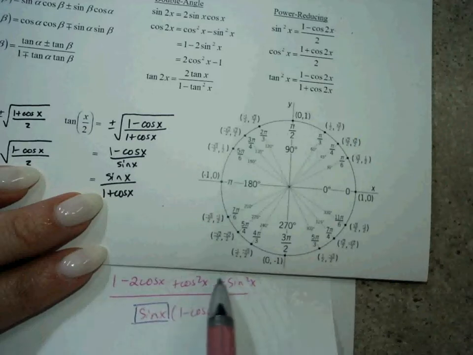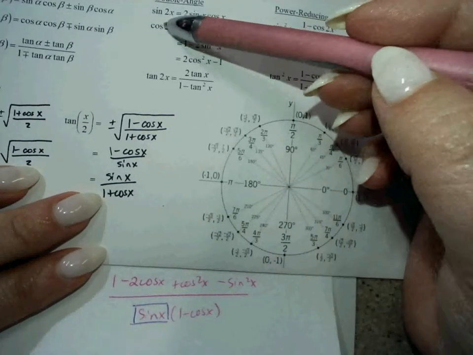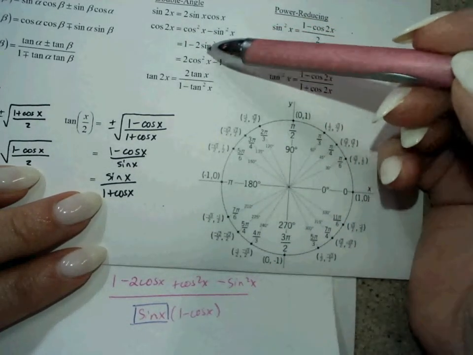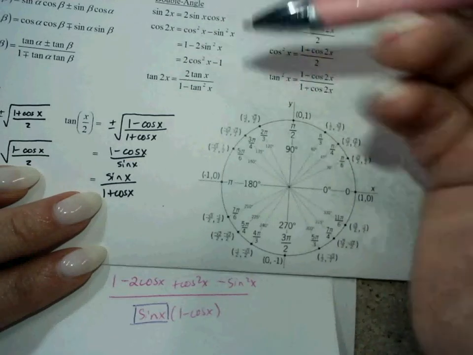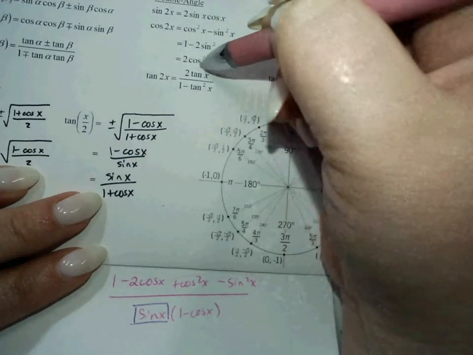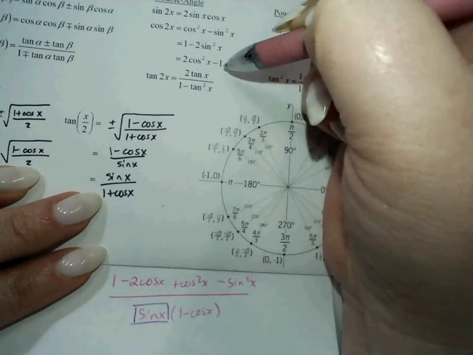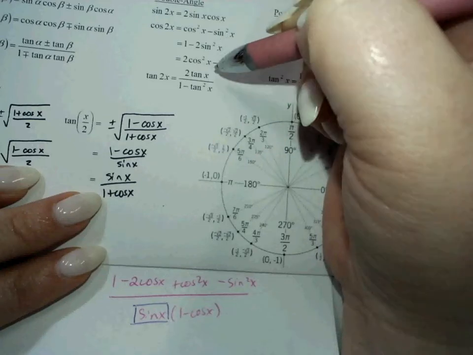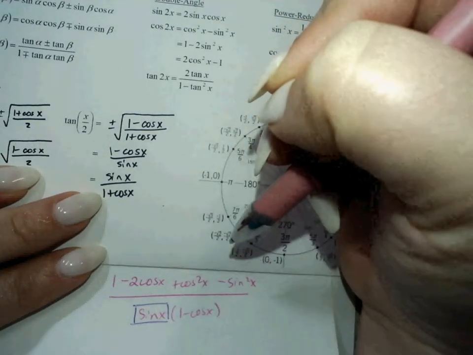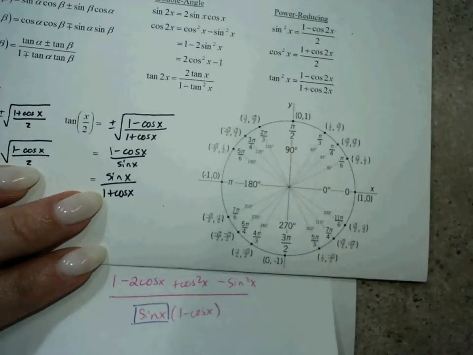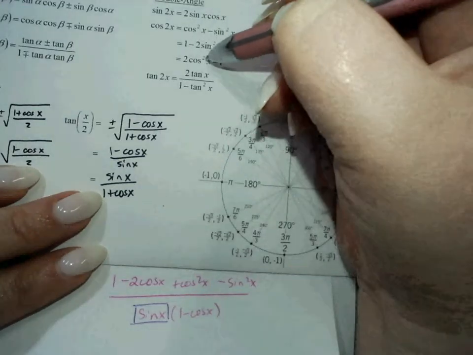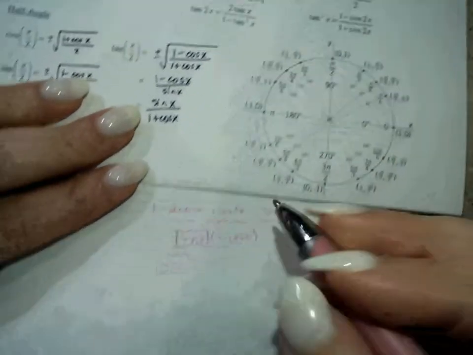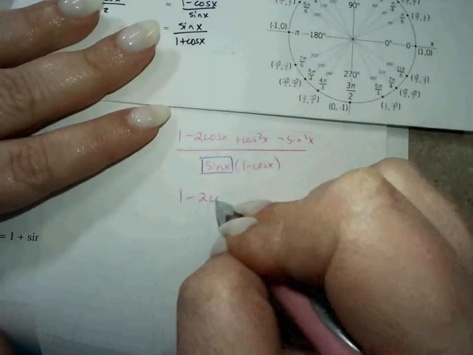But what I think I'm going to do is replace this, not with this, but with one of these. And the easier thing to do would be to do this one, 2 cosine squared minus 1, because then I have cosines in my numerator and denominator that hopefully something will simplify out. So cosine squared minus sine squared with 2 cosine squared minus 1.